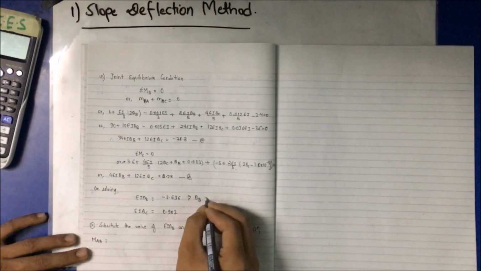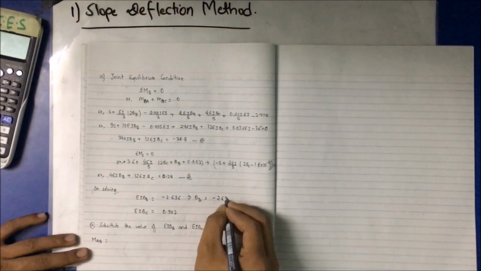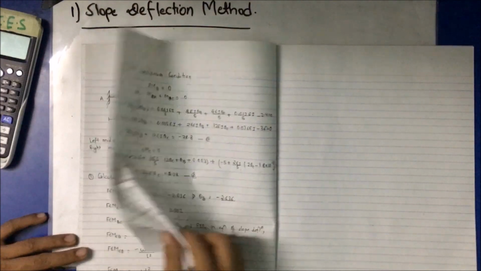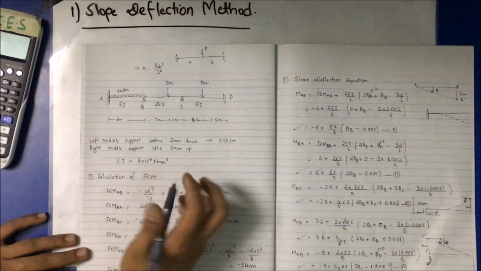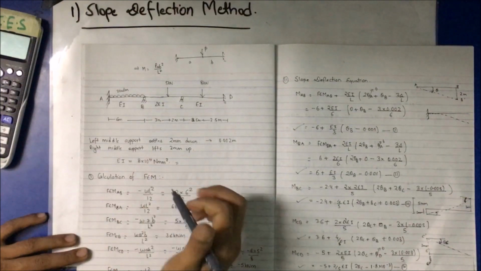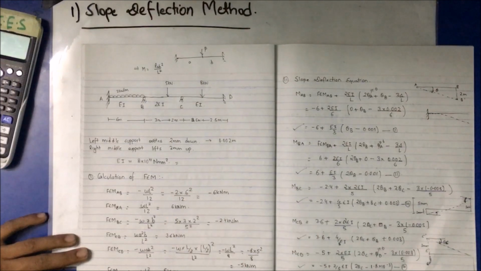Theta B is minus 2.636 by, we are provided with 8 into 10 to the power 11 Newton mm square, and we have to convert it into kilonewton meter square.